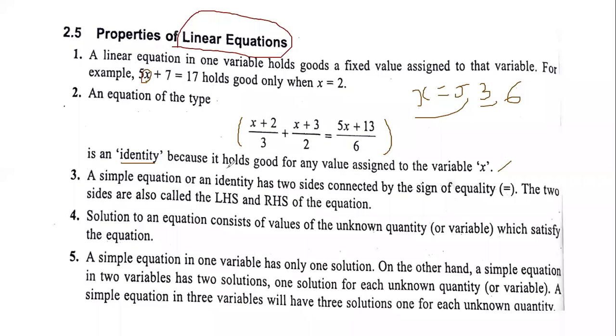It holds good for any value assigned to the variable x. That is why it is called an identity. So in the first type of linear equations, a particular value is compulsorily required. But when you have problems like this, you can assign any value for x and then try to solve. You will be able to arrive at the answer.